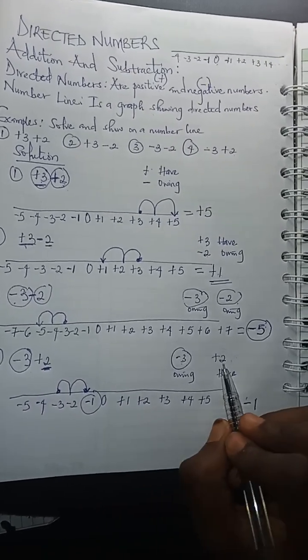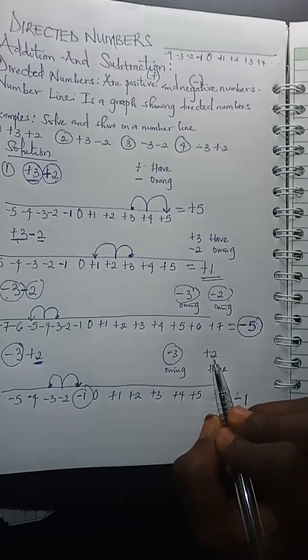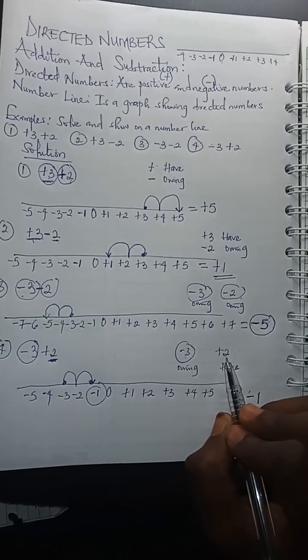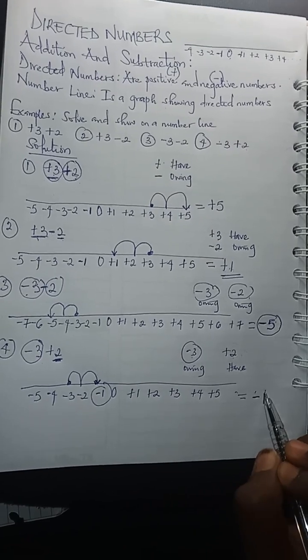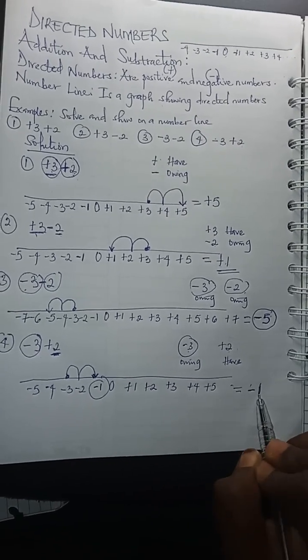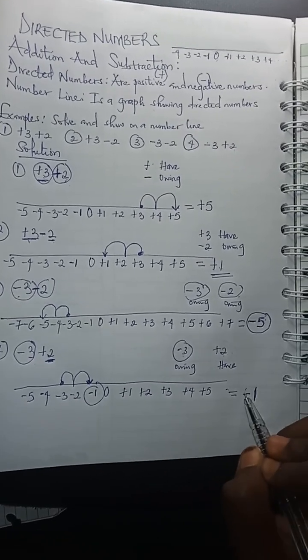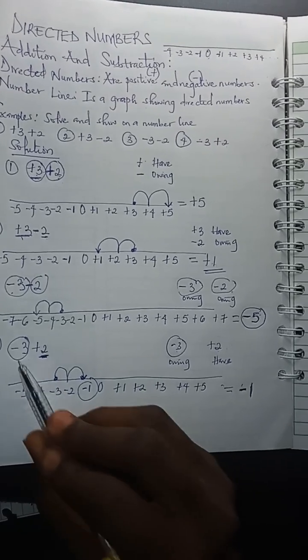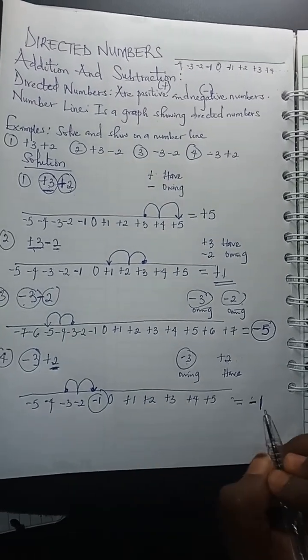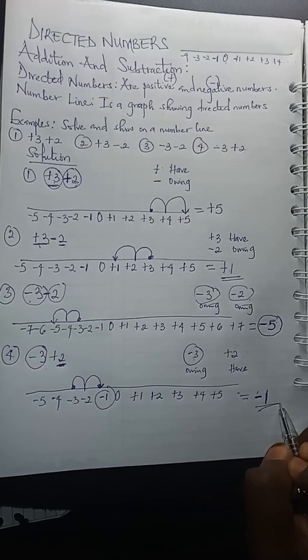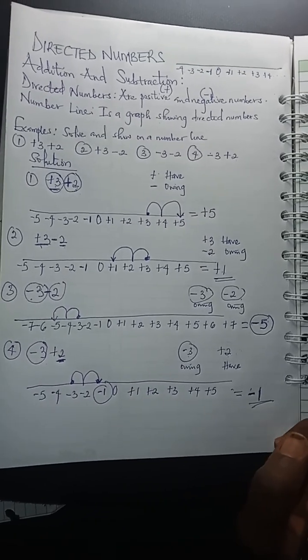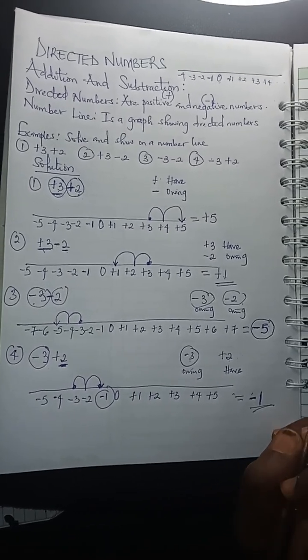So am I still owing my friend or I'm not owing? Definitely I'm still owing. How much am I owing my friend? I'm still owing my friend 1 naira. So because I'm still owing and I don't have money on me, it is a negative. That is why minus 3 plus 2 gives us what? Minus 1.